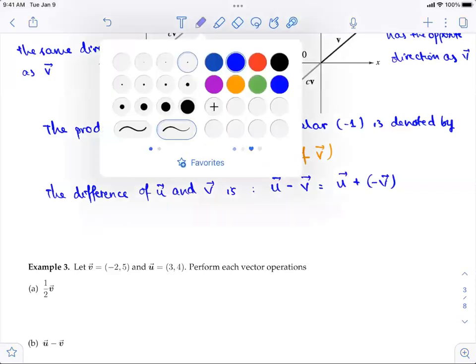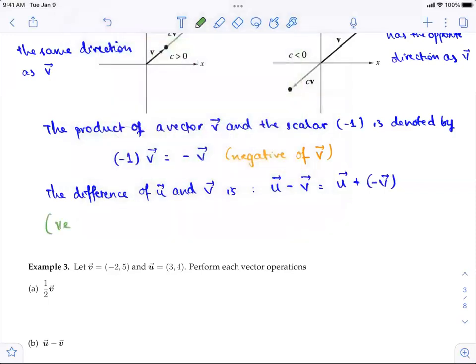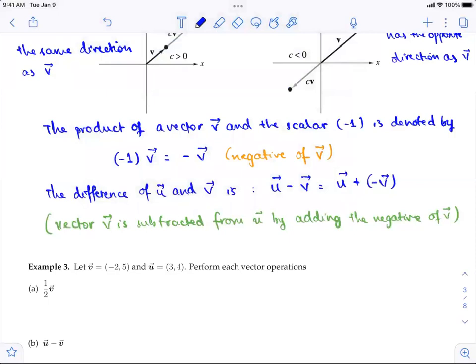So here a quick note that vector v is subtracted from u by adding the negative of v. All right, so that's the concept of vector subtraction, or difference between two vectors. Instead of doing actual subtraction, you add in the negative of the vector.